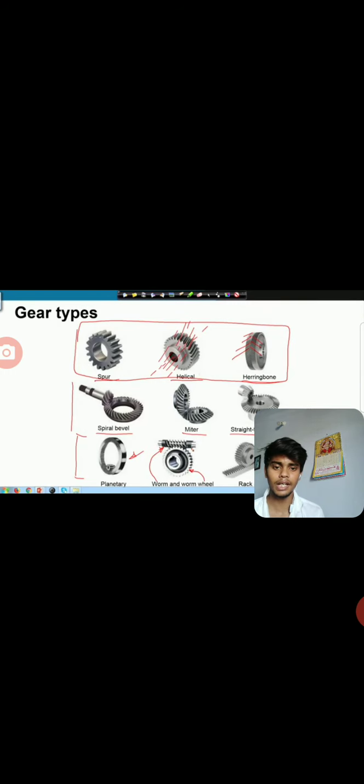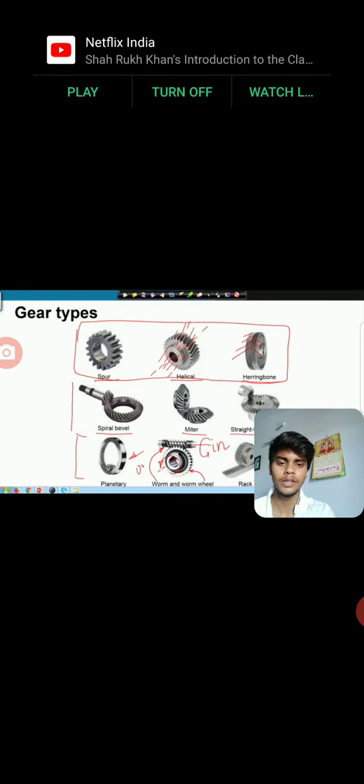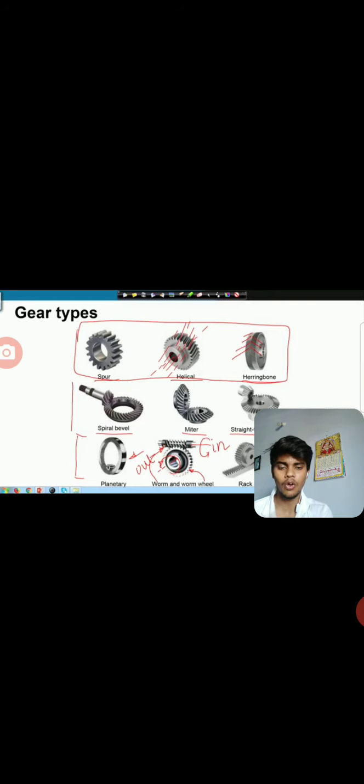This means that we can only rotate the worm, and hence produce only rotation on the gear, and the rotation of the wheel is the output. We cannot rotate the wheel and have the rotation of the worm, so both have to rotate.